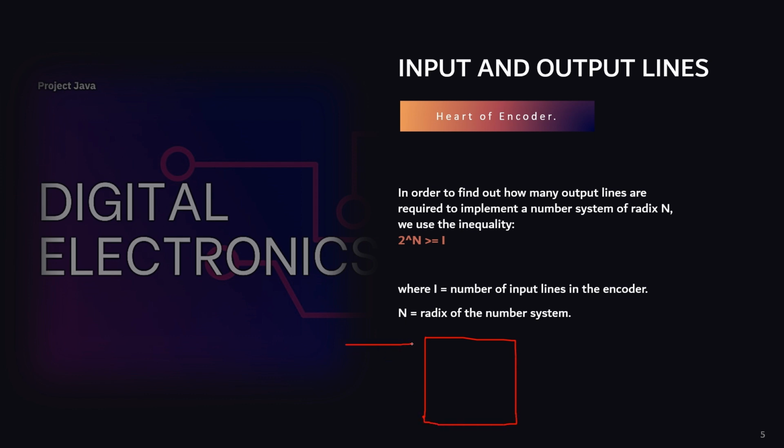These are the input lines, and they can be many, m input lines, and these are the output lines, which can be n output lines as well. So this is an m cross n encoder. Obviously, m is greater than n because the number of input lines must be greater than n.